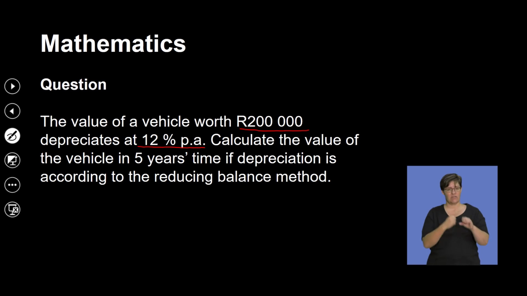After 5 years, you need to calculate what the value of the vehicle is going to be if the depreciation is according to the reducing balance method. Remember, guys, you will be told what method we are dealing with if it's a depreciation. Even if it's simple interest or compound interest, you will be told what we are dealing with so that you know what it is that you need to do.